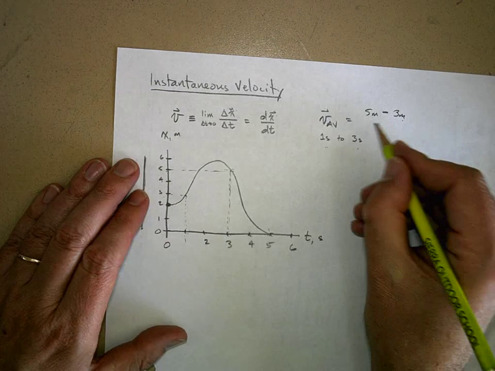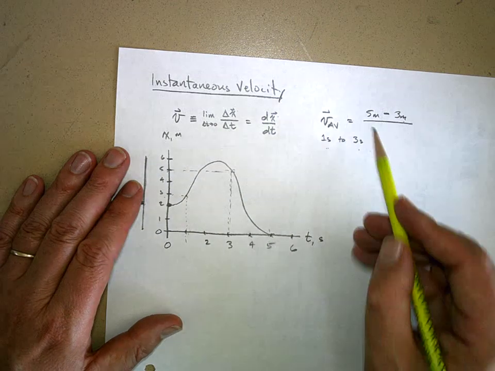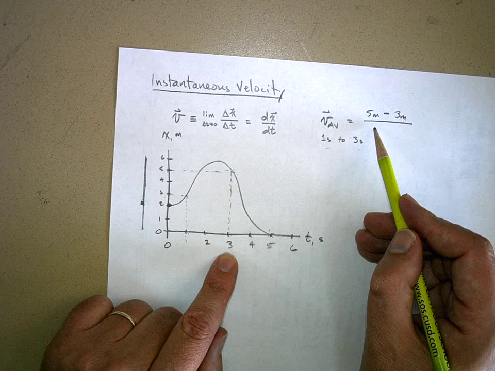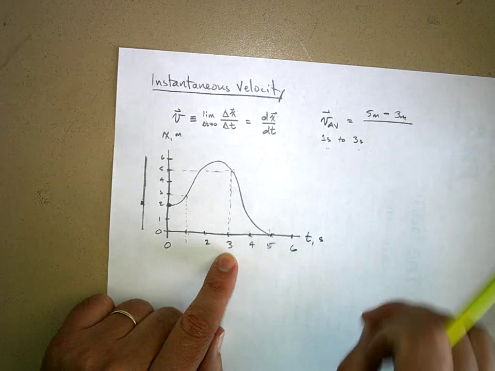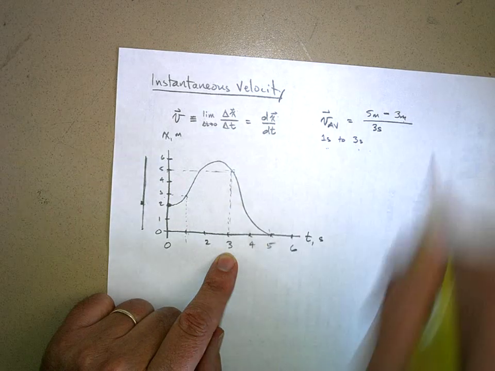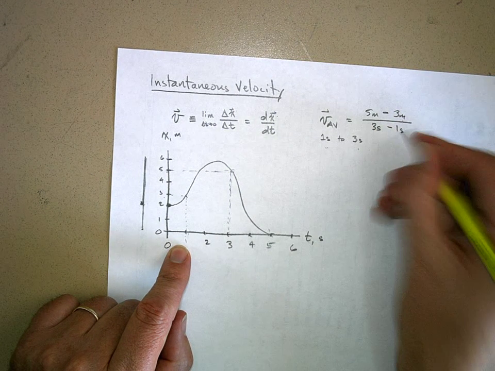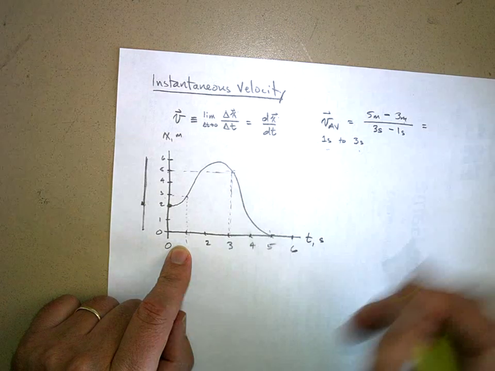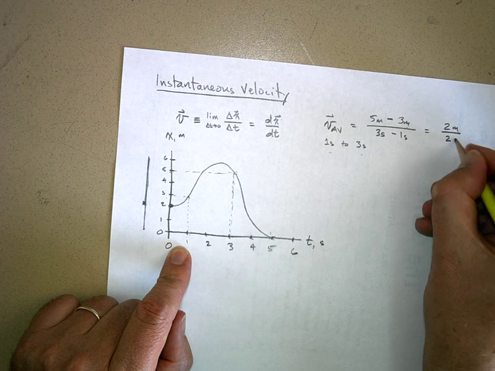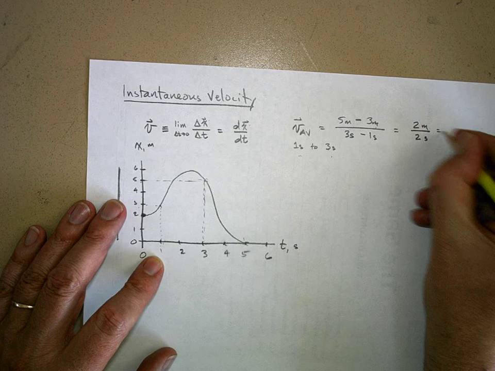Now, remember, my definition is delta x over delta t. So what is delta t here? Anytime you have a delta, it's a final minus an initial, right? So it had a final time of 3 seconds minus an initial time of 1 second. So what is that? It's 2 meters divided by 2 seconds. That's why it's too good. I didn't want it to be that good. That's 1 meter per second.